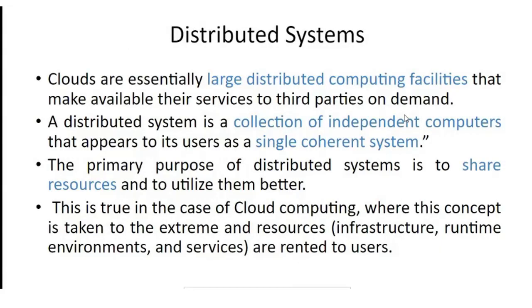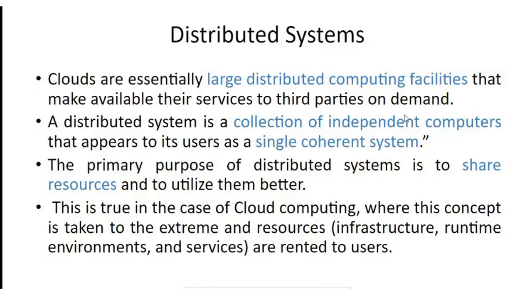Okay, so first we are going to see about distributed systems. It is a collection of separate systems, but for the users, it appears as a single system. It may spread across the whole world, connected with the help of the internet.